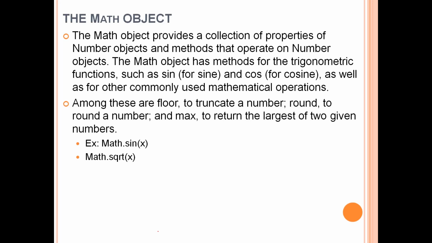The math object provides a collection of properties of number objects and methods that operate on number objects. The math object has methods for trigonometric functions such as sine, cos, as well as for other commonly used mathematical operations. So if we want to perform any mathematical operations in JavaScript, then we can use the math object.